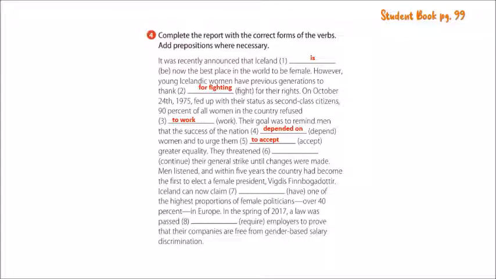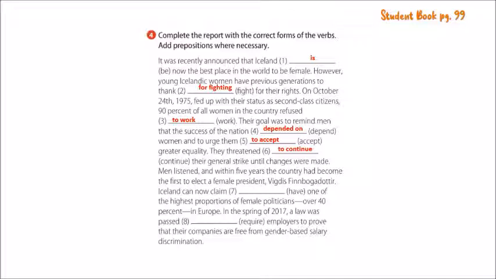They threatened to continue their general strike until changes were made. They threatened. So after threaten, we need to, right? Men listened, and within 5 years, the country had become the first to elect a female president, Vigdis Finnbogadóttir.